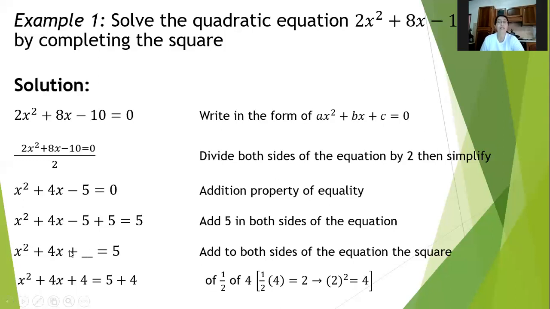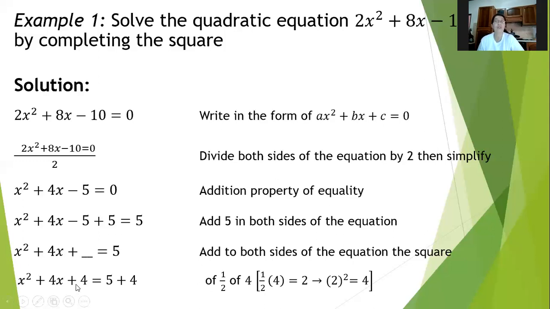But we have to complete the square. By completing the square, get the numerical coefficient of the linear term, which is 4, divided by 2 is 2, then square, that is 4. Whatever number is added to the left side of the equation is also added to the right side of the equation. The resulting equation is now x squared plus 4x plus 4, which is a perfect square trinomial.